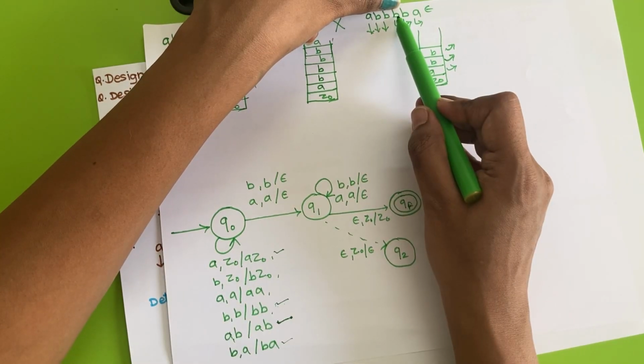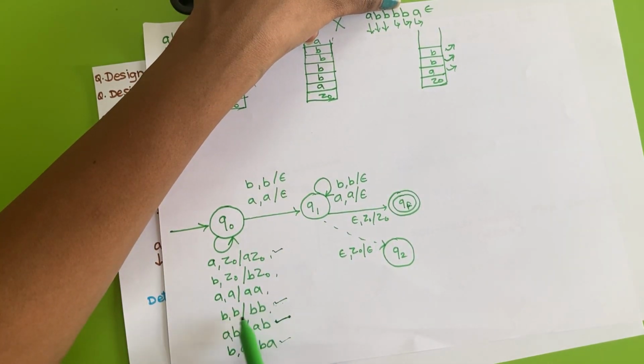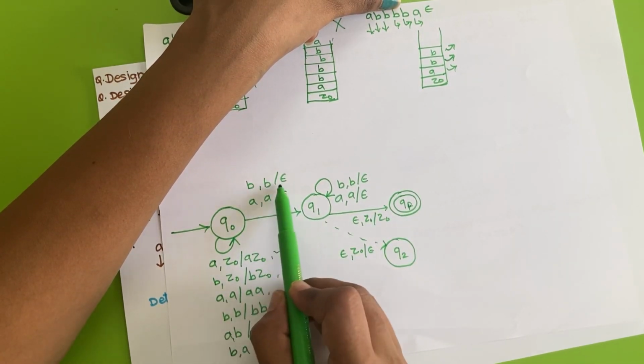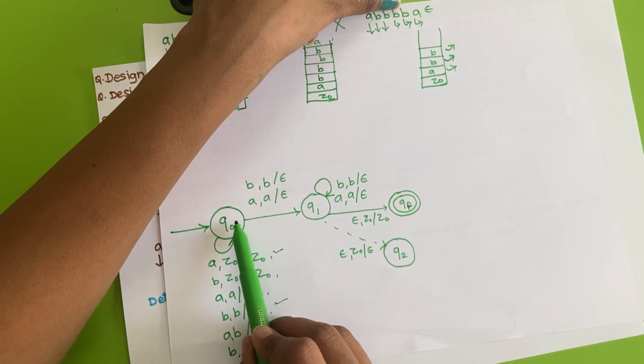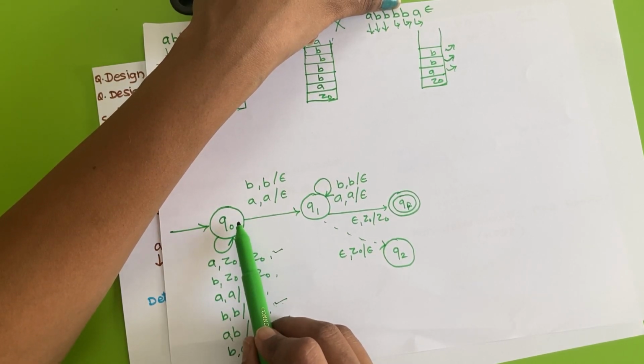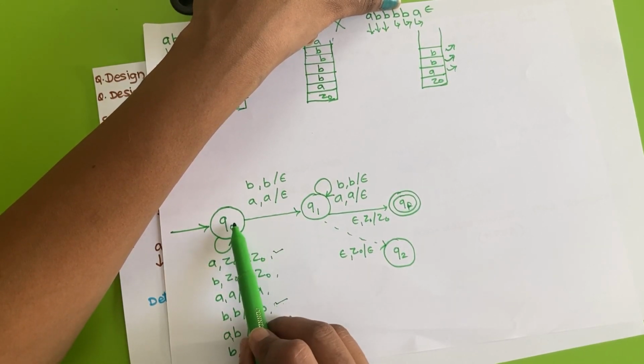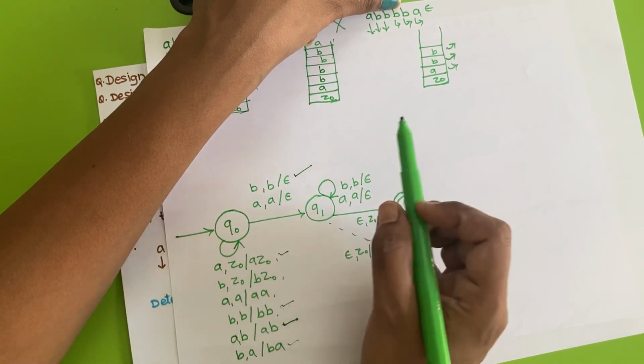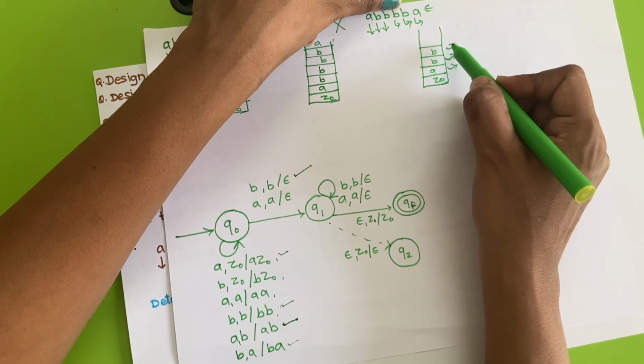If we are reading input symbol B and top of stack is B, and suppose we want to perform a pop operation, or the processor selects this path and moves from Q0 to Q1 by selecting this transition, then B will get popped off. First B will get popped off.